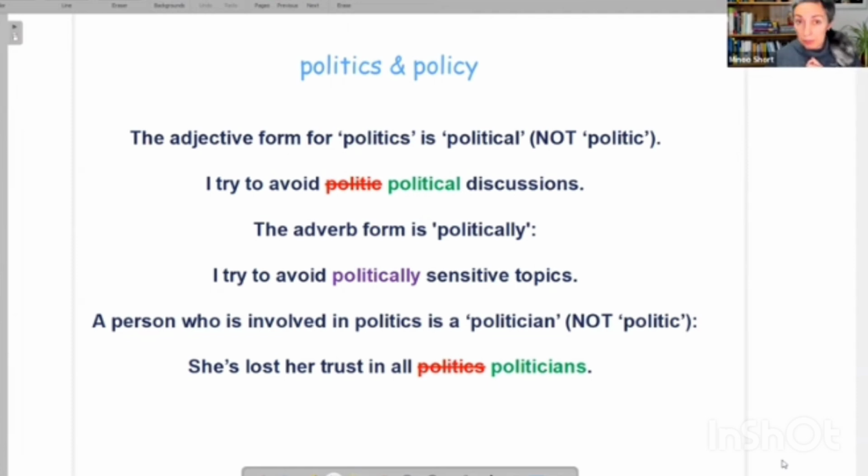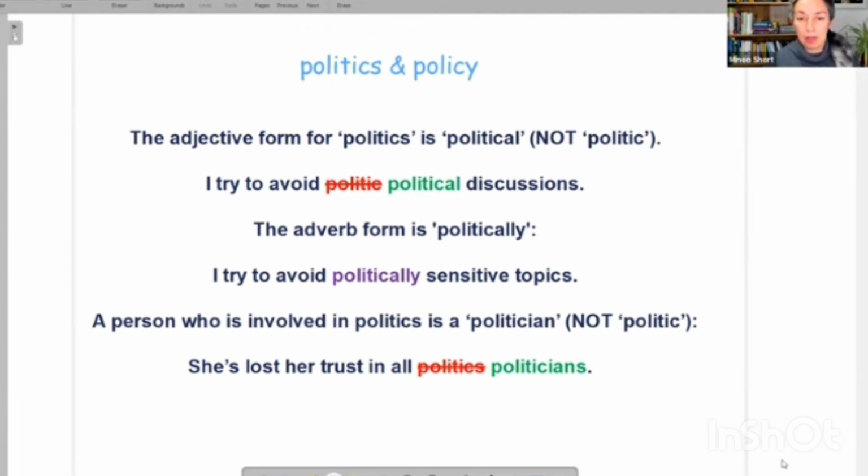Important. And also, this is another mistake I often hear, a person who is involved in politics is a politician, again, not a politic. So, for example, don't say she's lost her trust in all politics. It's she's lost her trust in all politicians.